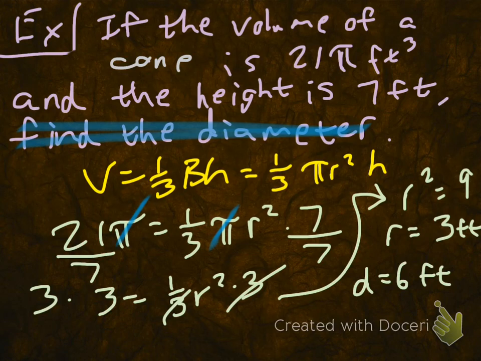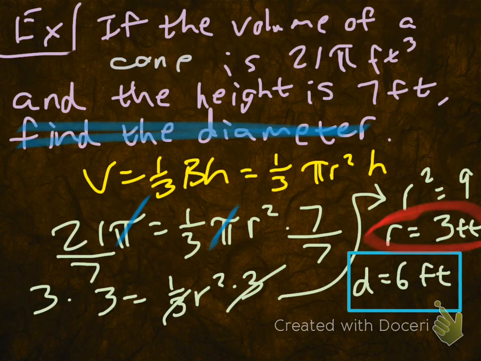Now, just as a note of caution, if you are doing this problem on a multiple choice test, like the CSTs, or SATs, what you're going to notice is that when you get this answer, r equals 3, you are going to feel like you are done with the problem, because you solved for the variable. You're going to look over at your multiple choice answers, and you're going to see an option of 3 feet.